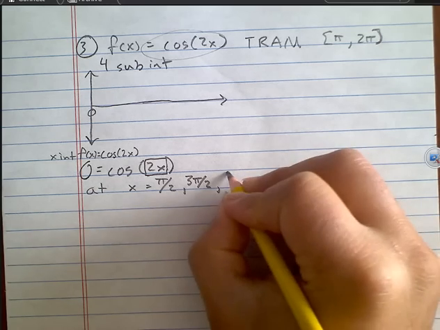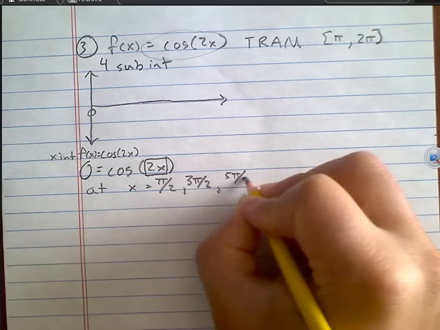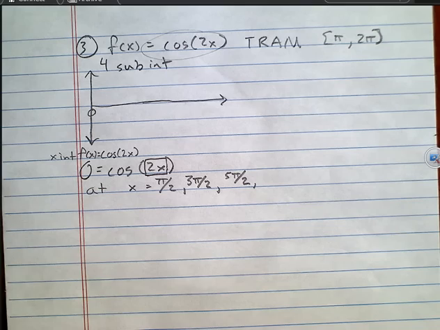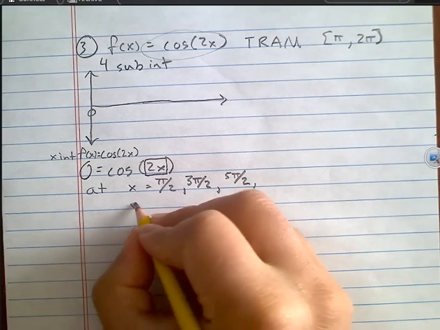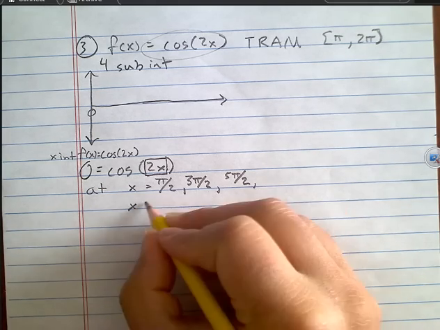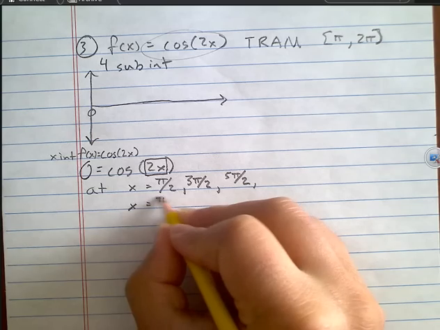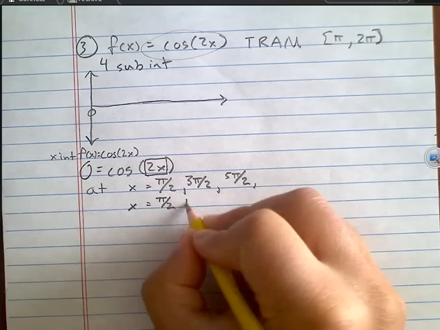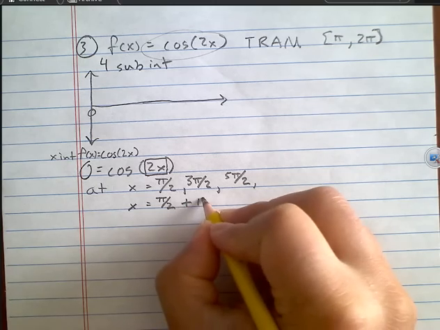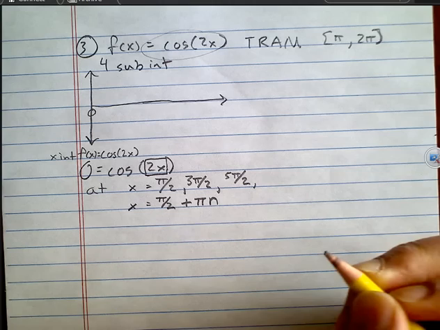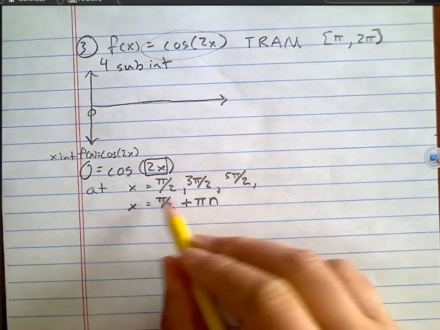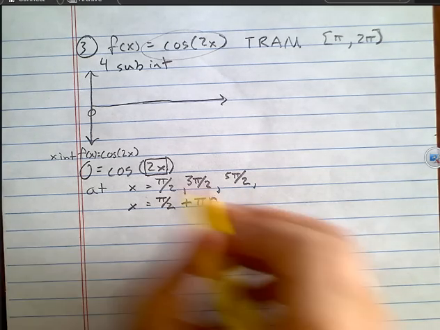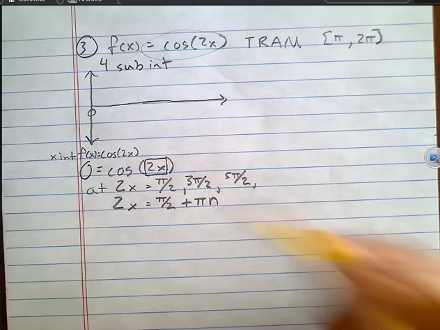And 5 pi over 2. Alright, it's not just that, and this can be written as a sequence. It would be pi over 2 plus pi n. Okay? It's not just x equals that. It's 2x equals that.